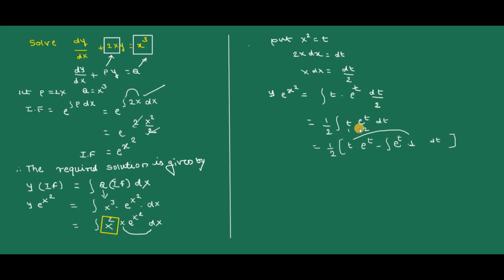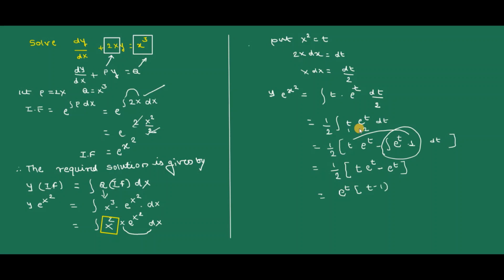Okay, this is equal to 1 by 2 into bracket t into e raised to t minus, what is integration of e raised to t into 1? Integration of e raised to t into 1 is e raised to t. You can take e raised to t common, then we are left with t minus 1.